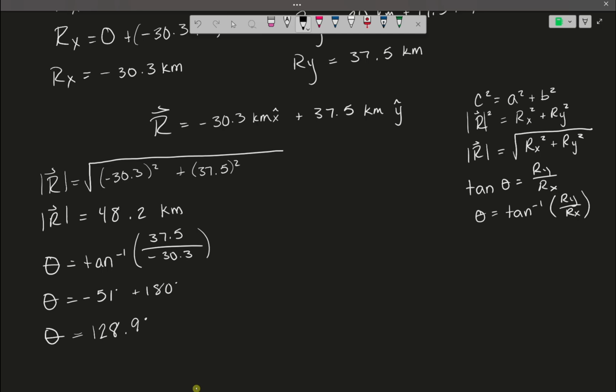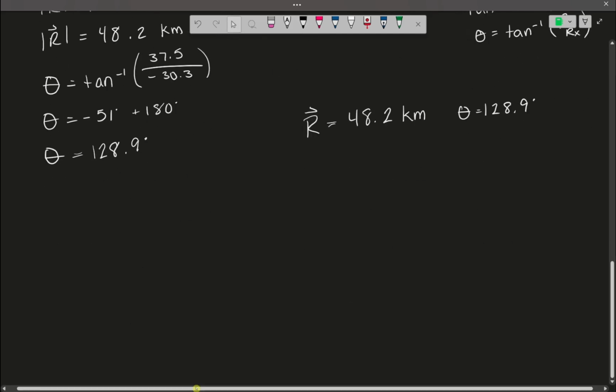Meaning that my angle is going to be 128.9 degrees. So my vector r, right, the resultant vector, the total displacement of this car is 48.2 kilometers at an angle of 128.9 degrees.